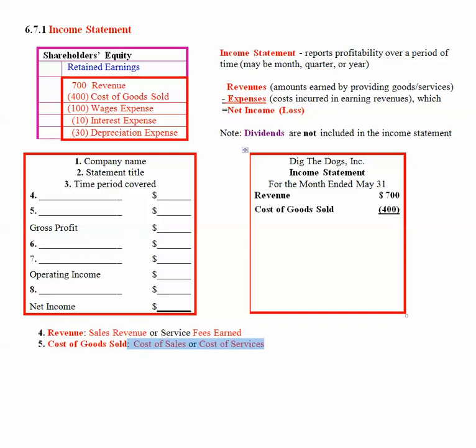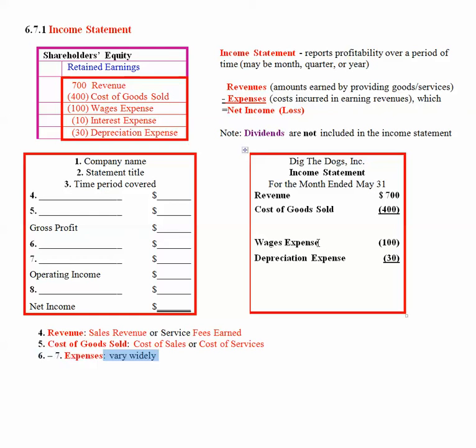The next line we have is wages expense, and then below that we would put depreciation expense. What I skipped was interest, but let me talk first about wages and depreciation. What you have in this section of the income statement is your operating expenses, and they vary widely.